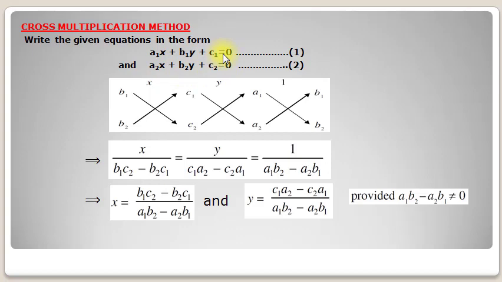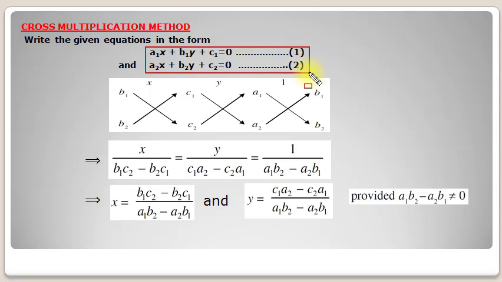If it is not in this form, then we can write the pair of linear equations in this particular format, that is, the standard form of linear equations in two variables.